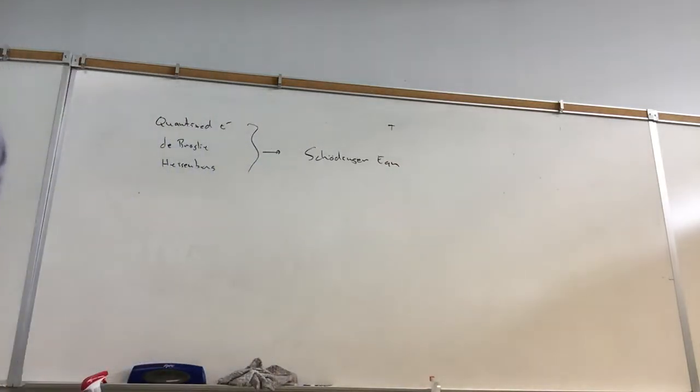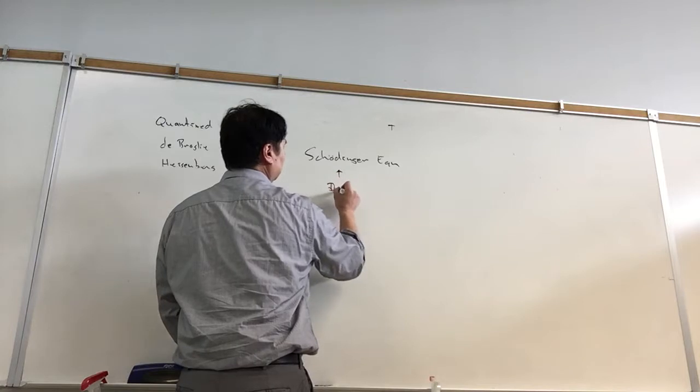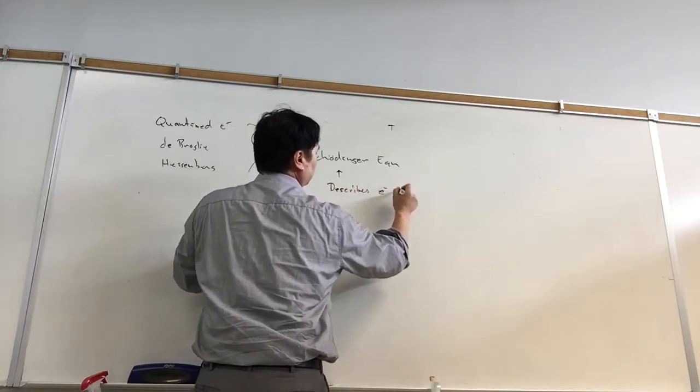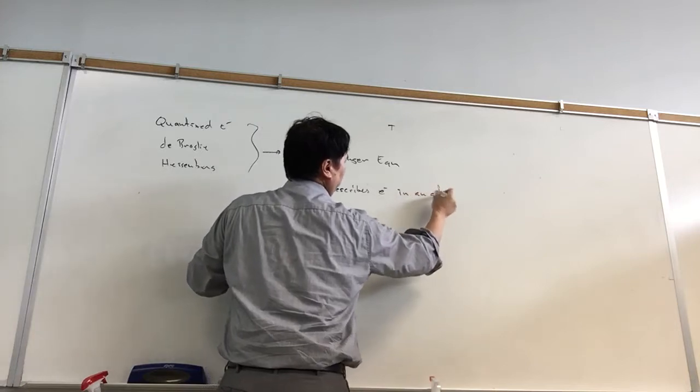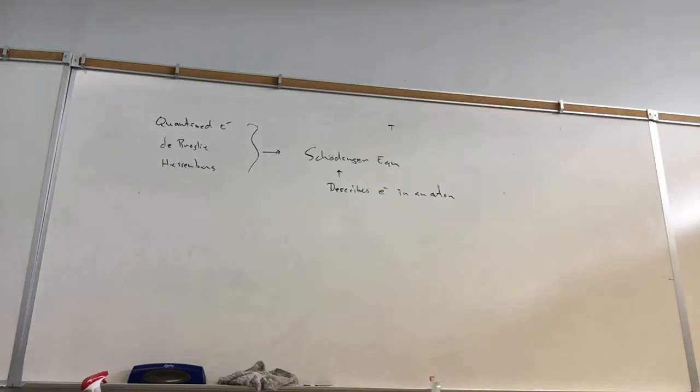The Schrödinger equation describes the electron in an atom. So we can get all the information of an electron in an atom from the Schrödinger equation. This is the Schrödinger equation.